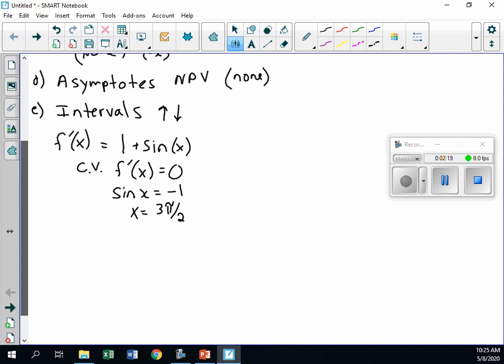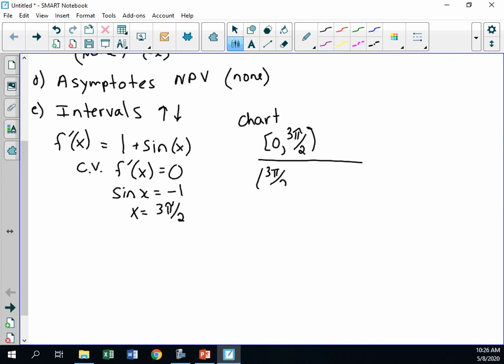So we set up our chart. And again, some of you weren't executing your chart very well either. We have from 0 to 3 pi over 2, and then from 3 pi over 2 to 2 pi, because it's a closed interval.